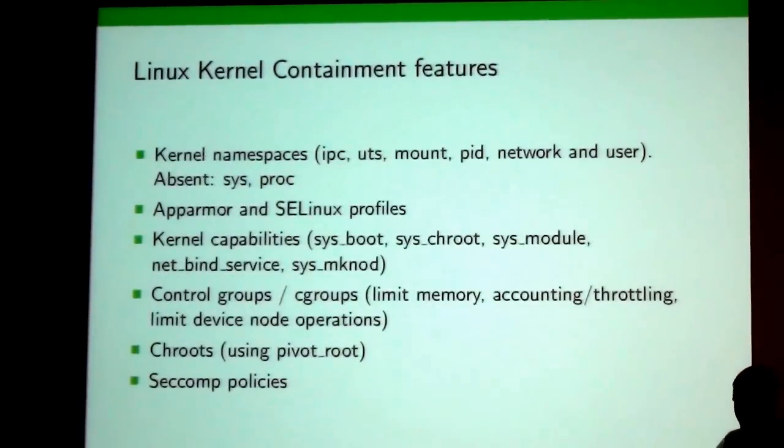The capabilities are a list of things that you could essentially give up. I've listed some up there, like sys_boot. Normally that would be the ability to call reboot. If you had a process that started up as root and then dropped the sys_boot capability, then if it were violated or if it tried to call reboot, it would just fail.